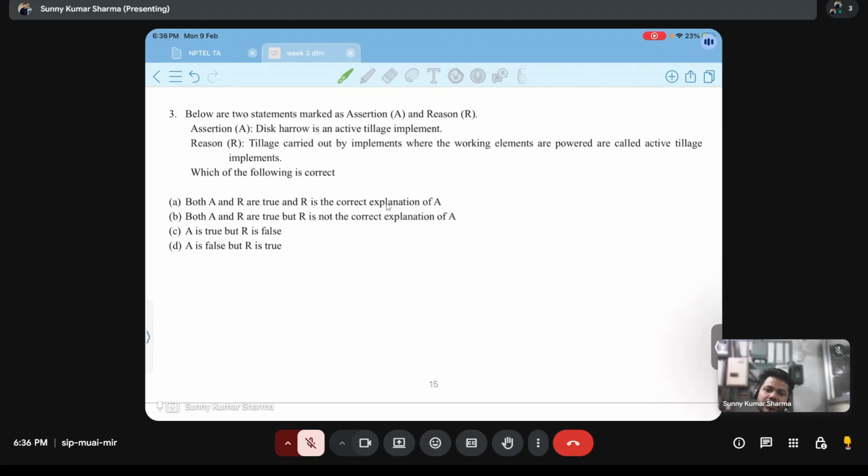So disk harrow doesn't get power, so it is not an active tillage implement. So this assertion is wrong. Tillage carried out by implements where working elements are powered are called active tillage, and this reason is true. So the assertion is false and the reason is true, so the correct answer will be D.